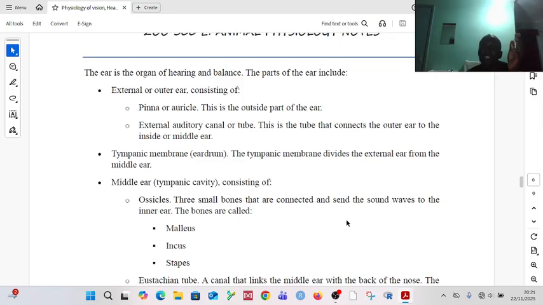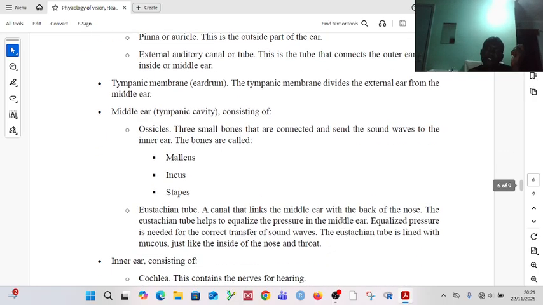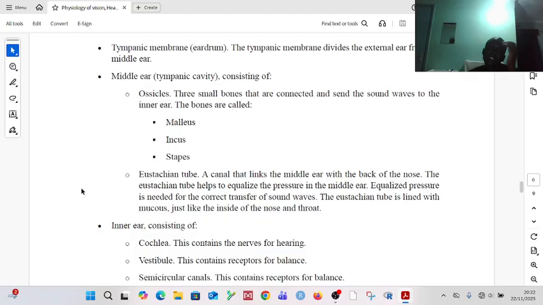That one now divides the external ear from the middle ear. Then the middle ear consists of the ossicles. The ossicles are the three bones, the malleus, the incus, and the stapes. There is also the eustachian tube. This eustachian tube is a canal that links the middle ear to the back of the nose.